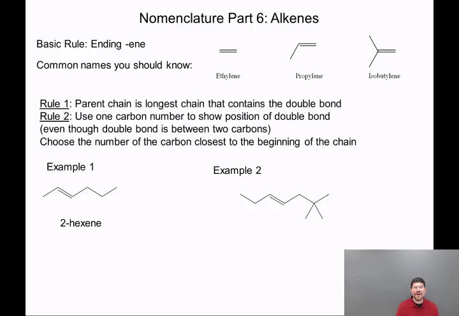We want the double bond to get the lowest possible number, so we're going to number this chain from left to right. Therefore, it is a 7-carbon chain. It's a heptene. The double bond is between carbon 3 and carbon 4, so it's called a 3-heptene. And then there are 2 methyl groups at carbon 6, so the full name is 6,6-dimethyl-3-heptene.